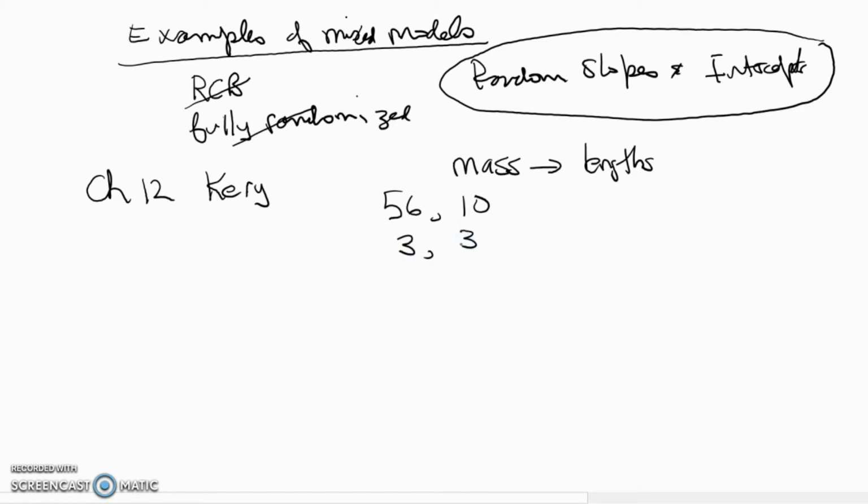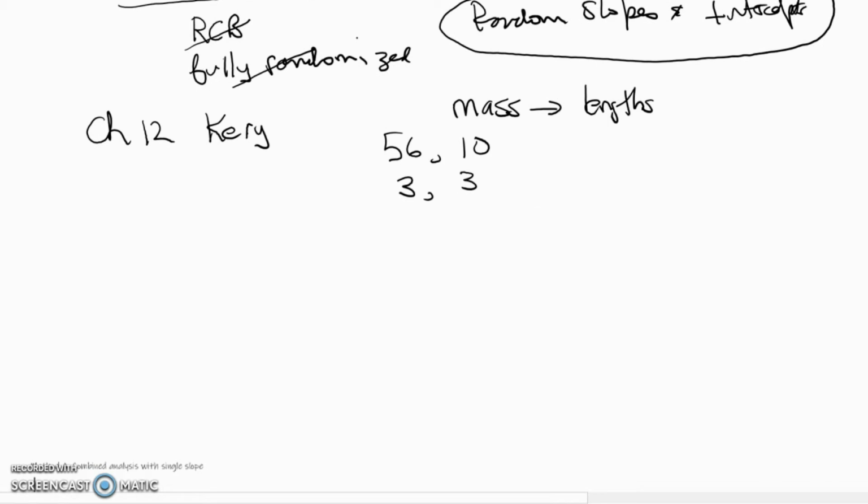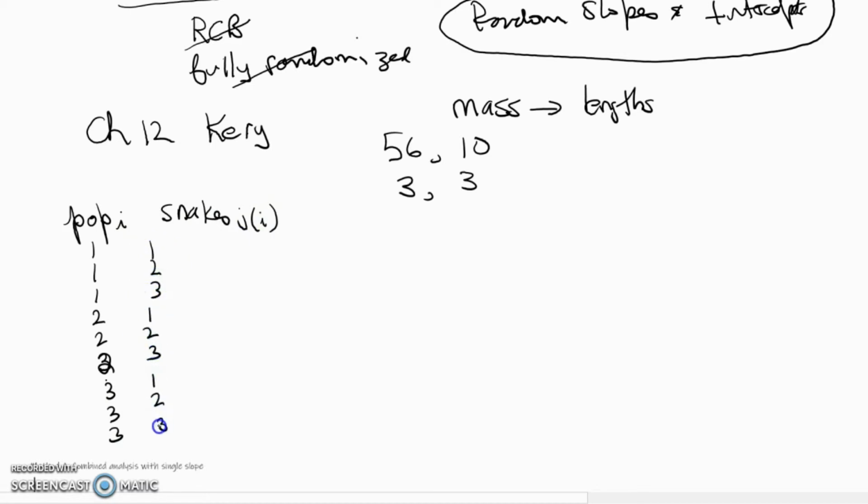And if I think about how those data are going to be set up, what we can have is a data frame that's going to have populations, and then we're going to have individual snakes, and this notation is indicative of nesting.